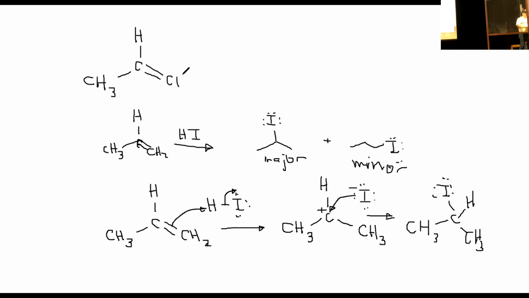And I could do this with line angle drawings too. I just wanted to make sure I'm being very clear. So now let's put our HI molecule on this side. And now what we're going to do is swing our bond out the other way so that the electrons, if you will, remain attached to this carbon and form a new bond between that carbon and the hydrogen.